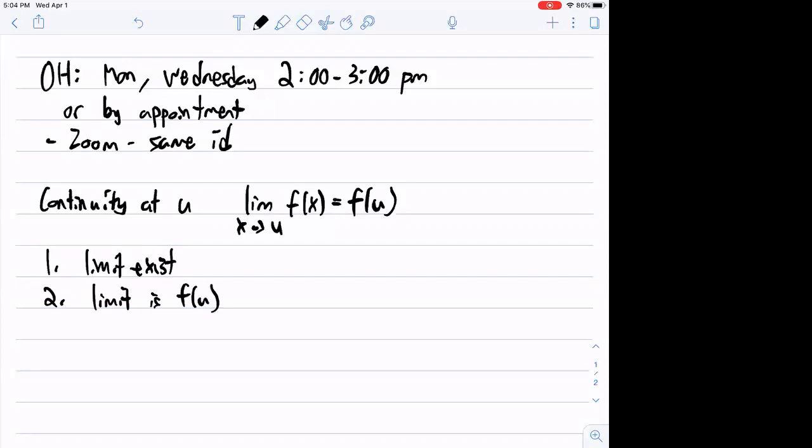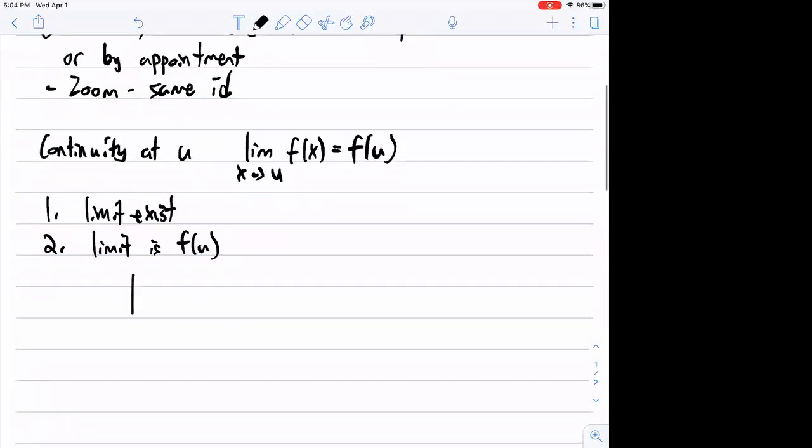Some counterexamples to one, where the limit doesn't exist: take a function where, if this is 0, this is 1 and that's 2. The limit as you approach 0 from the left is 1, but the limit as you approach 0 from the right is 2. So the limit doesn't exist, and clearly the function can't be continuous.